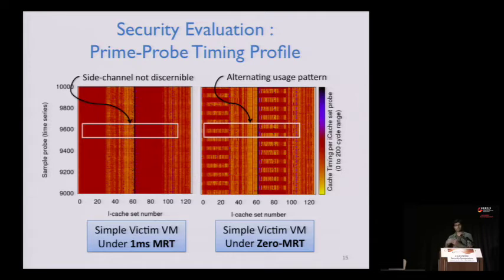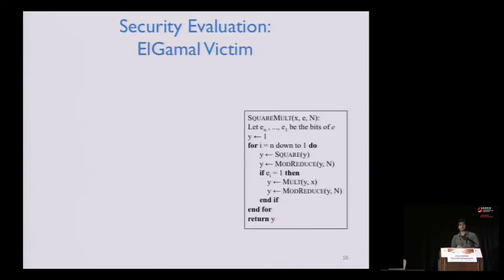Although this is simple, we also wanted to look at a very realistic victim. We looked at the same victim against which the attack was demonstrated, which is the GNU-TLS implementation of Elgamal, which uses a modular exponentiation algorithm that's shown on the right here.